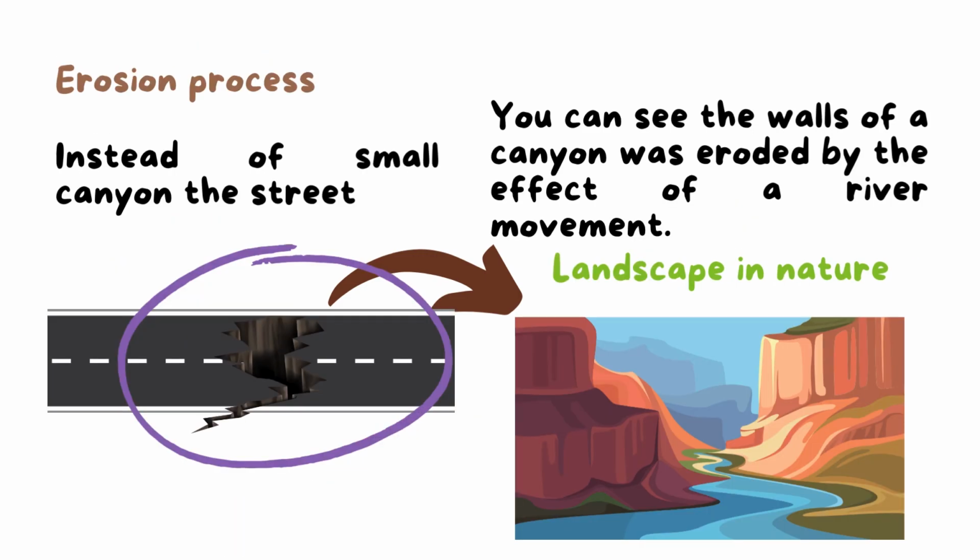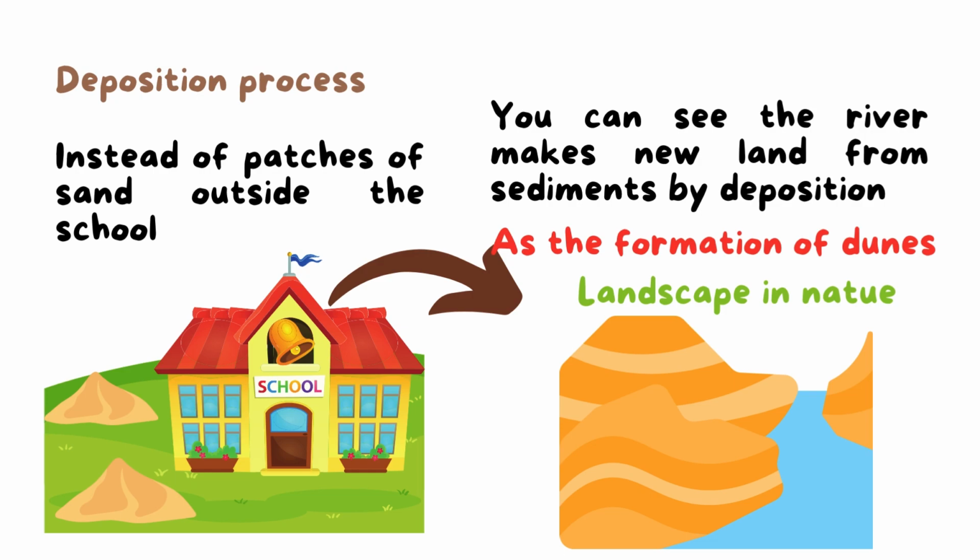Also about the erosion process. Instead of a small canyon in the street, you can see the walls of a canyon eroded by the effect of river movement, yes, in the landscape in nature, okay? And also in the deposition process, instead of patches of sand outside the school, you can see the river makes new landform sediments by deposition, yes?